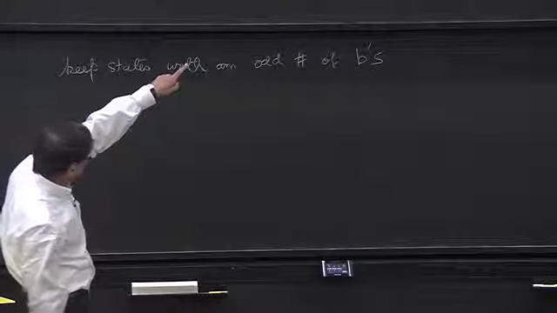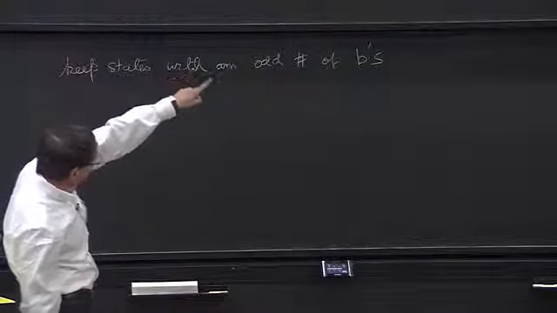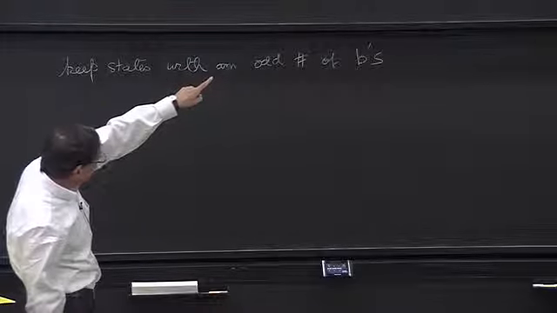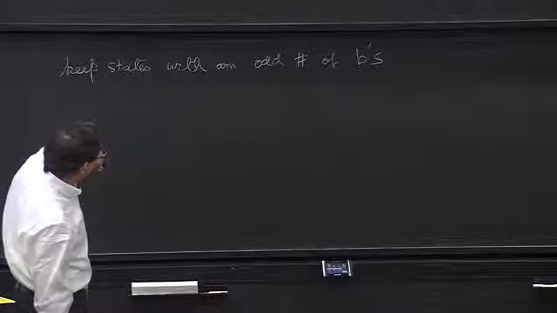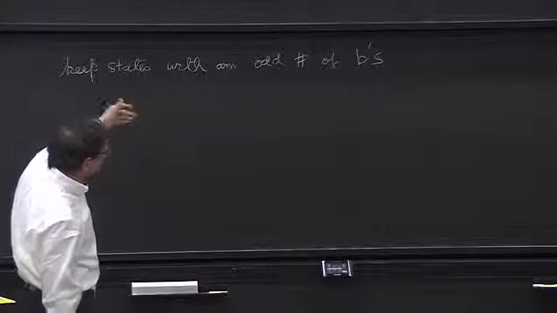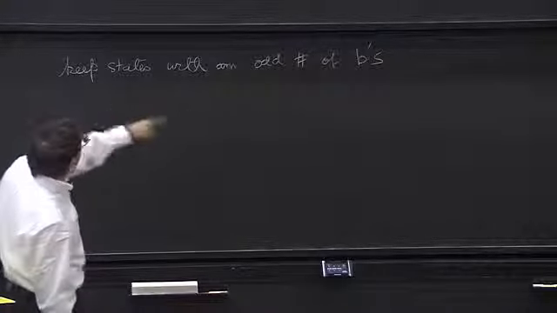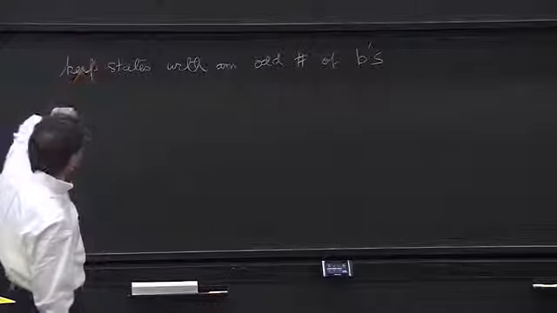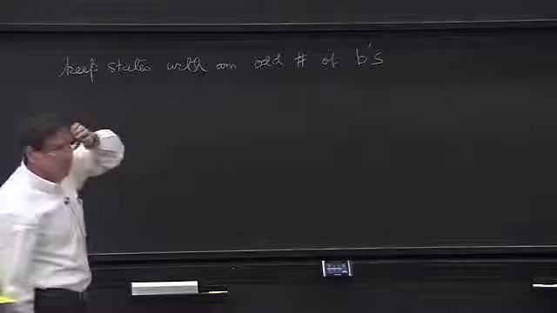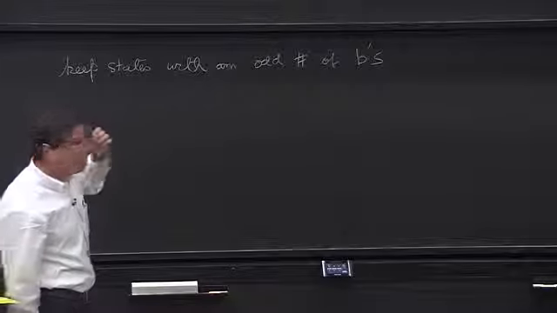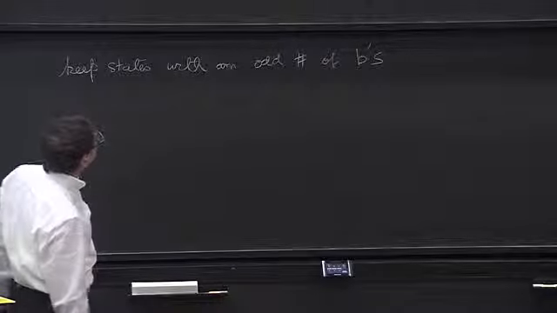The 8 states up there have 1 b. The 128 states in there have either 3 b's or 1 b. And you know, the odd numbers of b's, because the mass is shifted by 1/2, represent integer values of alpha prime m squared. So we want to keep things with an odd number of b's.